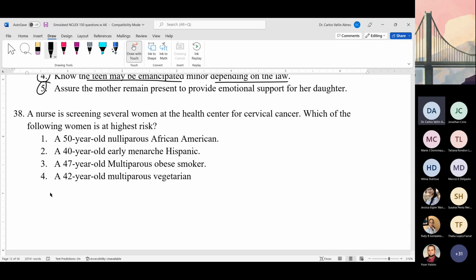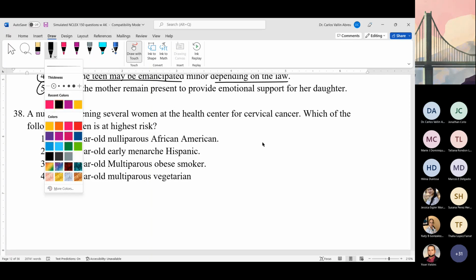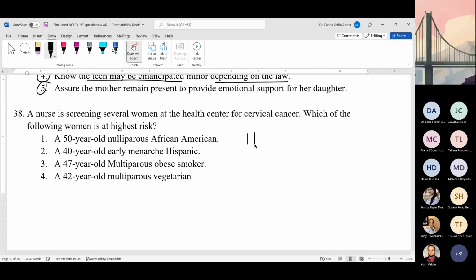Who do you think has the highest risk? What are the risks of cervical cancer? Human papilloma virus, and genetics, but it's not very strong. And the other that has been mentioned is smoking.